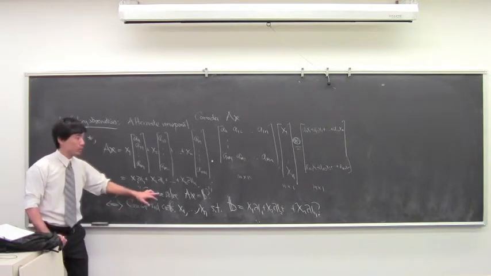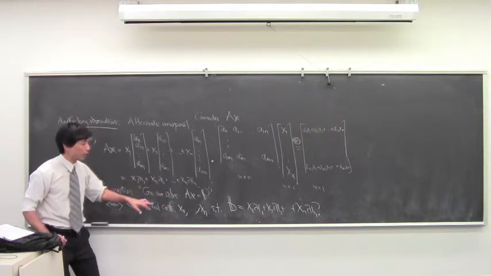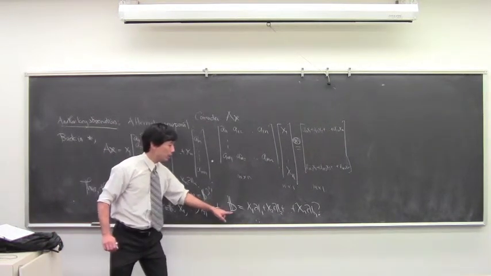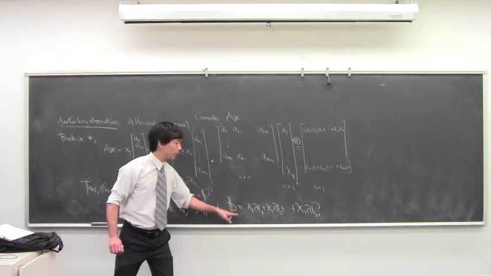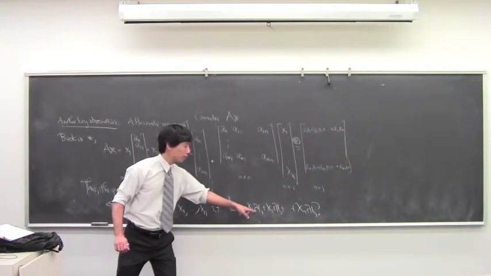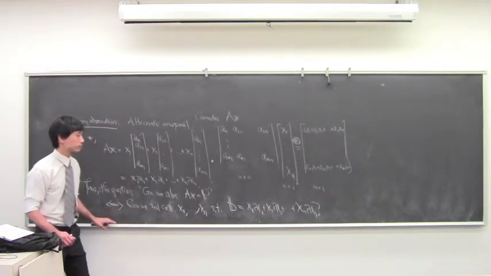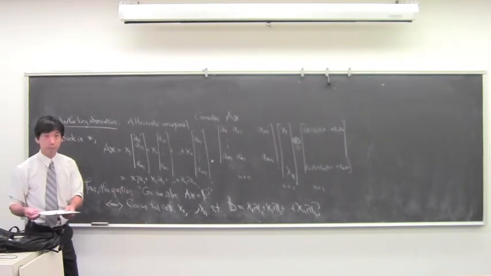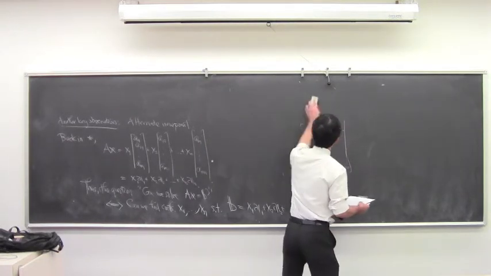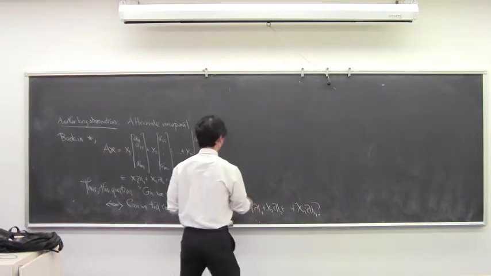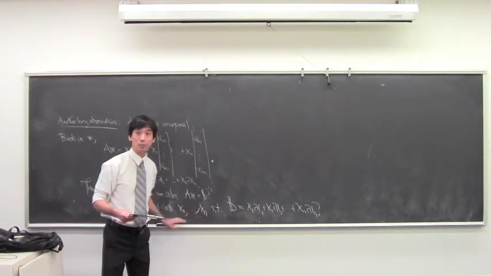The question of solving this system of equations is the same question as can b be realized as a combination of the columns of A?